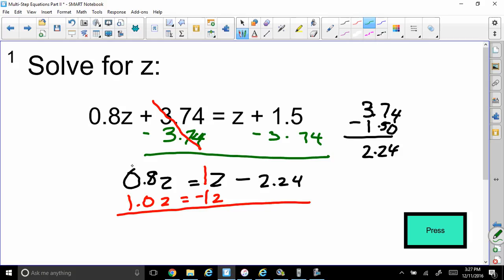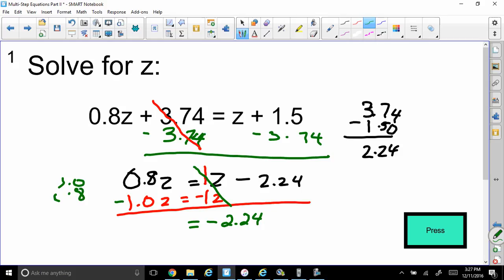On the right side, the 1z cancels out, leaving me with the minus 2.24. On this side, I had a minus 1.0z, and I have a positive 0.8z.